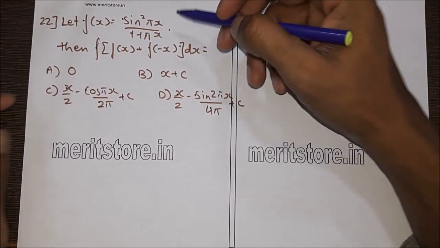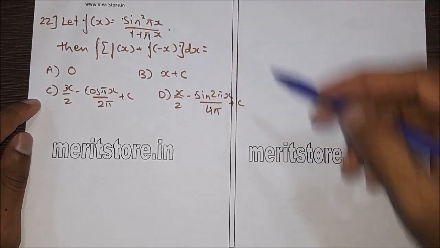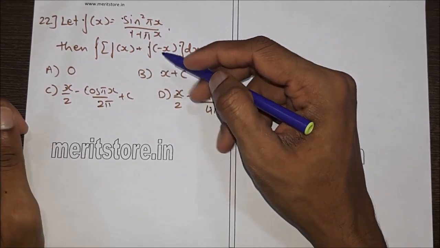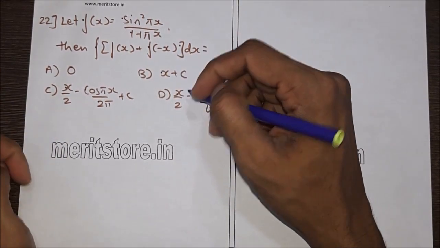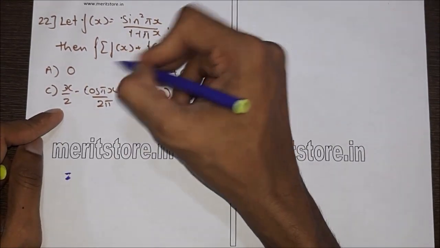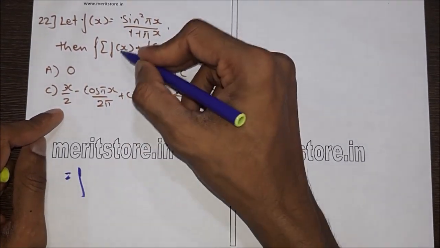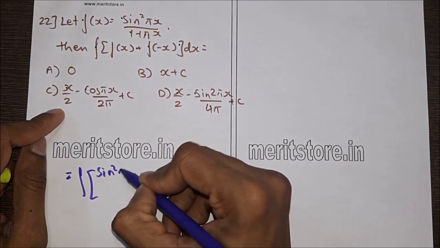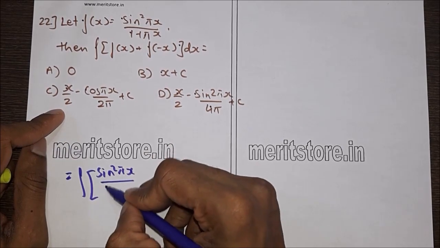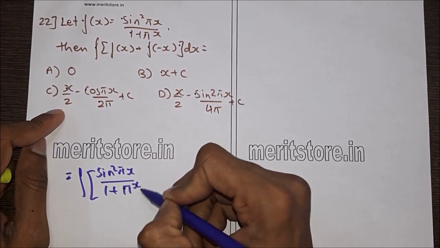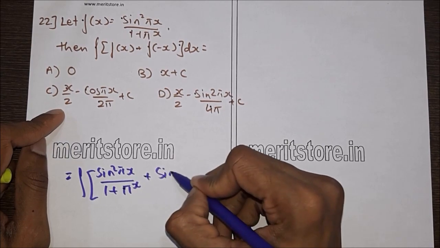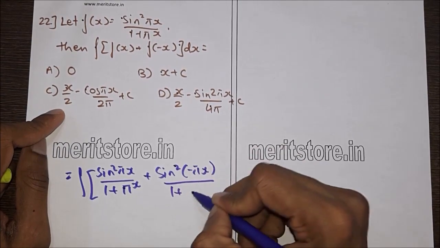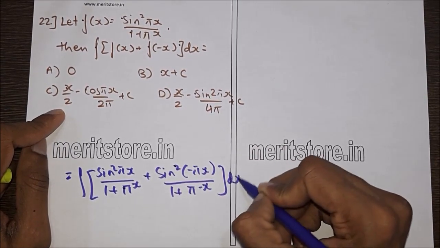Question 22. Let f of x equal to sine square pi x upon 1 plus pi raised to x. Then integral of f of x plus f of minus x dx is equal to, we are given 4 options. We substitute the value of the function in this. We get integral sine square pi x upon 1 plus pi raised to x plus sine square minus pi x upon 1 plus pi raised to minus x dx.